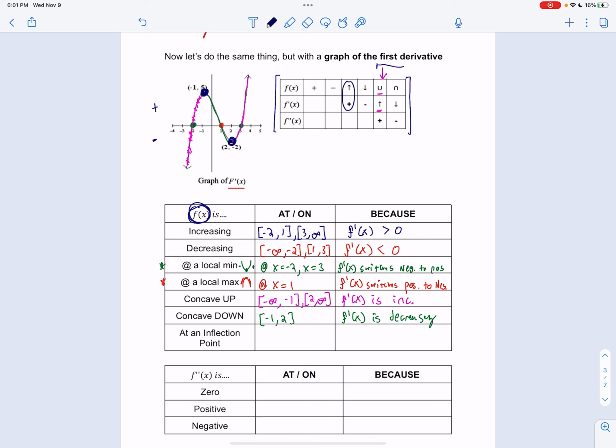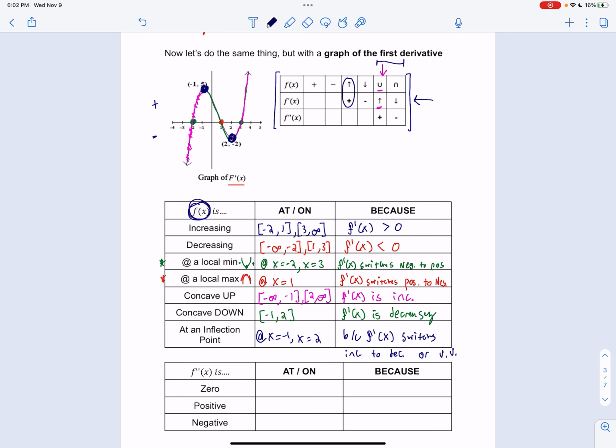Again, we're here and we're looking at what's happening to f prime. And so that's going to happen at x equals -1, x equals 2. And the reason is because f prime of x switches, and I would say here, increasing to decreasing, or vice versa, or the other way around.